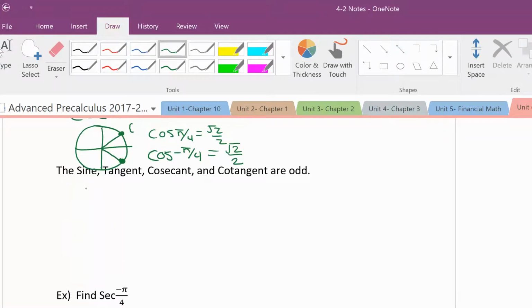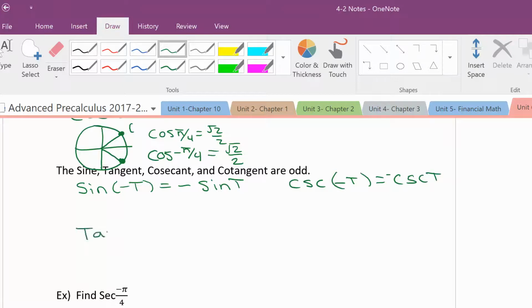For sine and tangent, when you put in a negative value, you're going to get the opposite of what the positive would be. And that would be the same for cosecant, and also for tangent and cotangent.